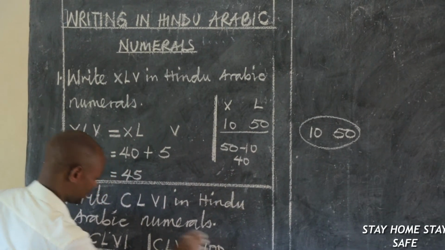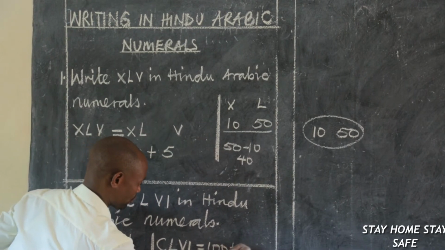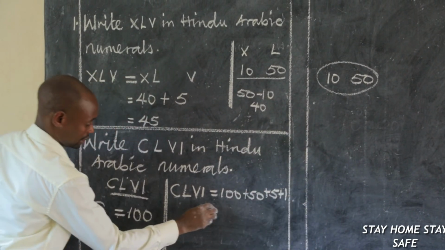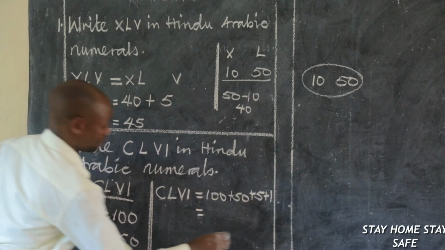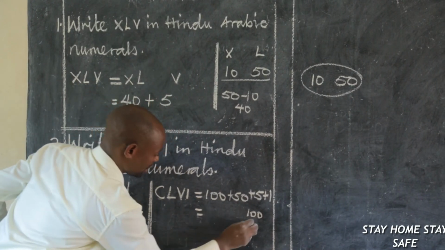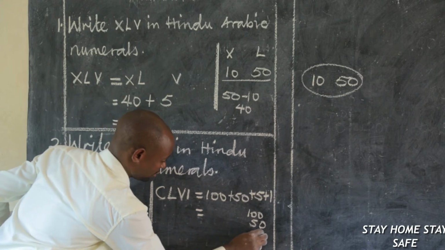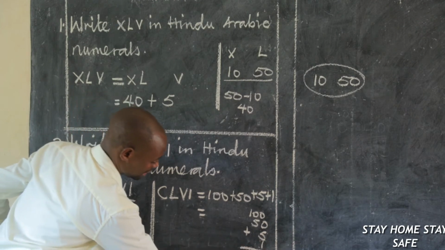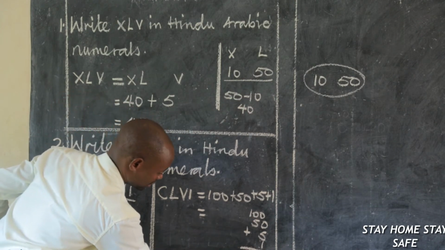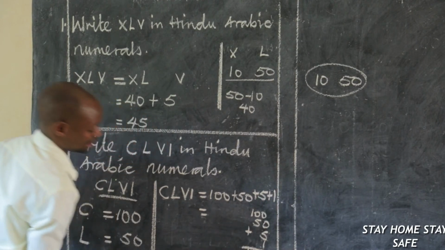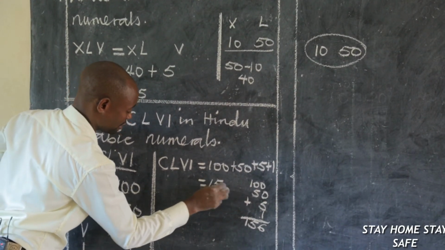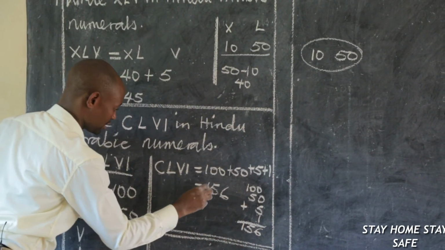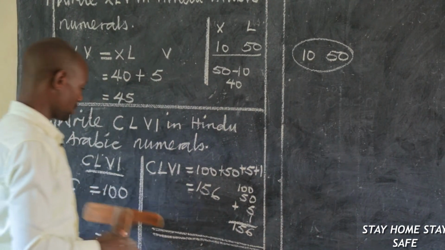That is 100. You add there 50. You add there 5. You add there 1. What are we getting? 0 plus 0 plus 5 plus 1, that is 6. 0 plus 5, we are getting 5. 1 plus 0, we are getting 1. So the answer there is 156.